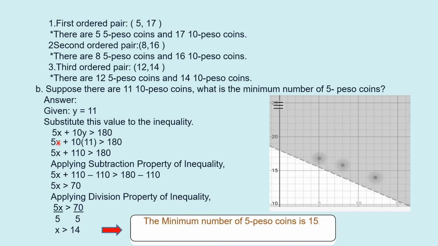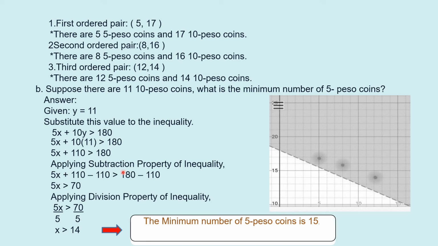Our inequality is 5x plus 10y is greater than 180. In place of y, we substitute 11. To simplify, we now have 5x plus 10 times 11, which is 110, is greater than 180.